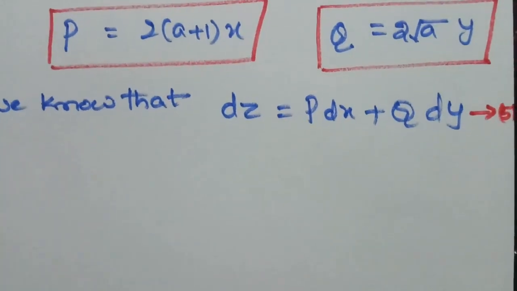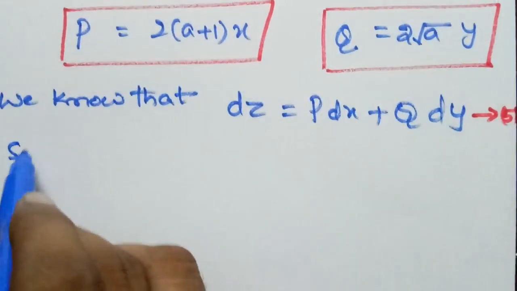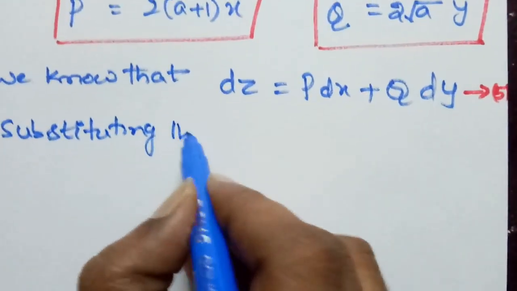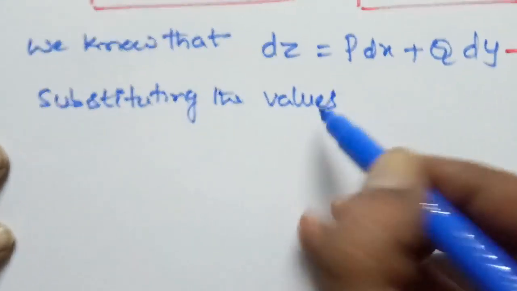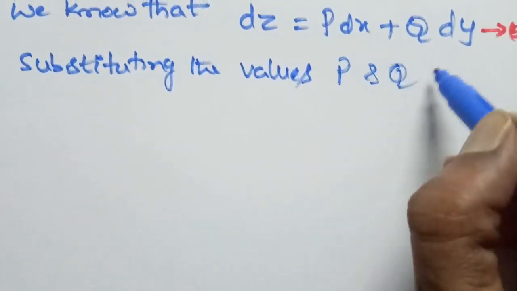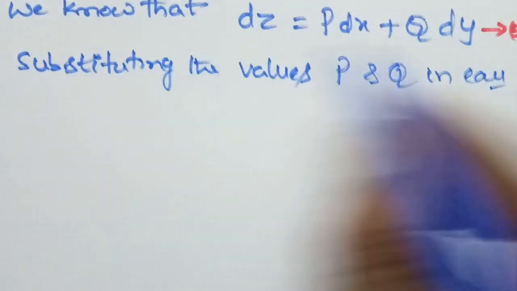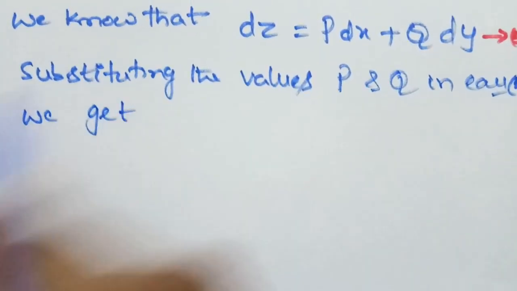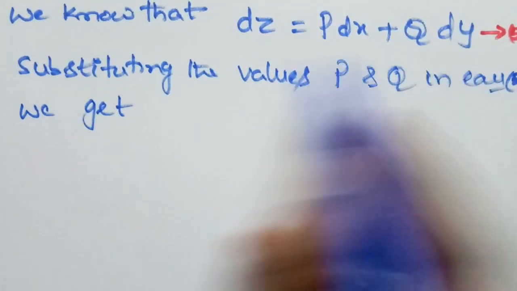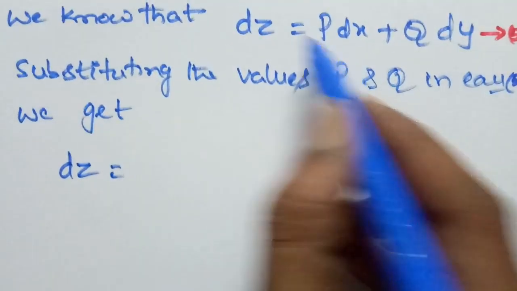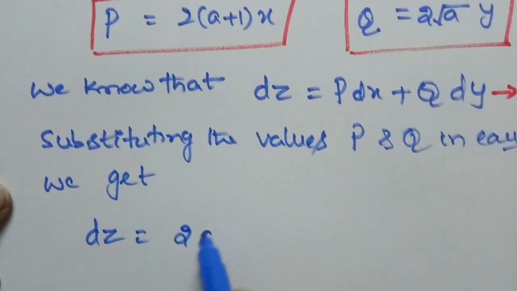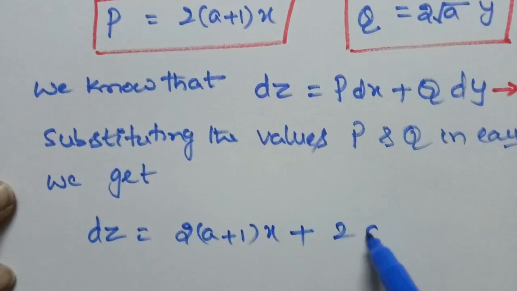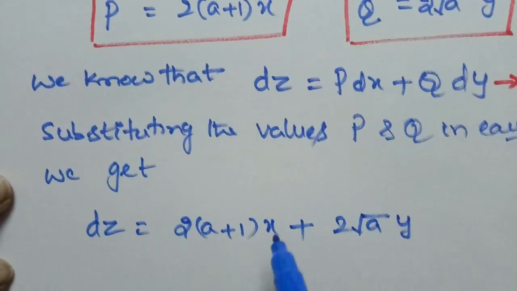Now substituting the values of capital P and capital Q in equation 5, we get dZ is equal to, what is the value of P? 2 into a plus 1 into x, plus, what is the value of Q? 2 into root a into y.